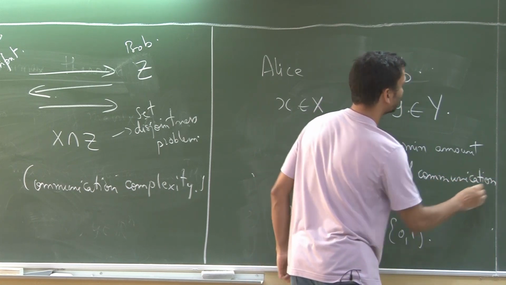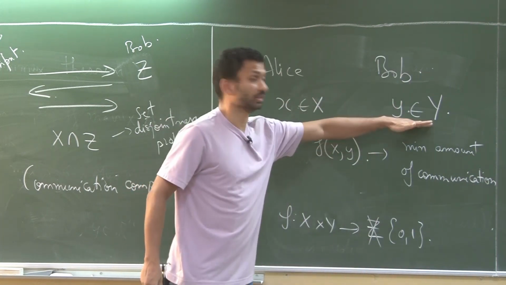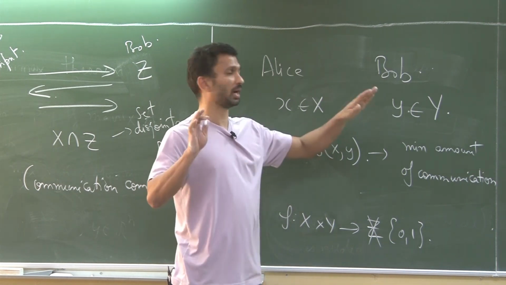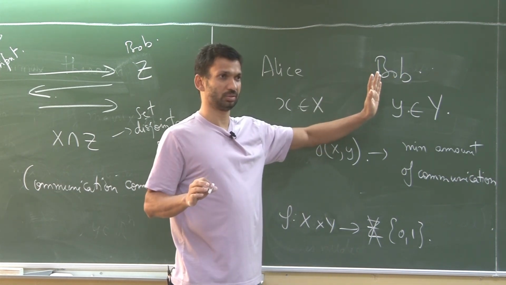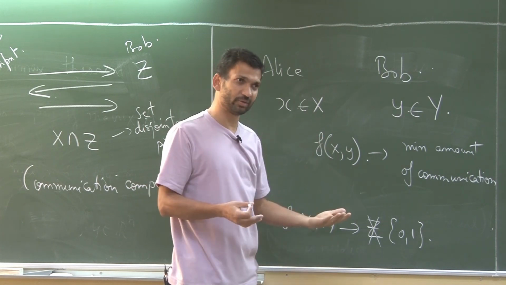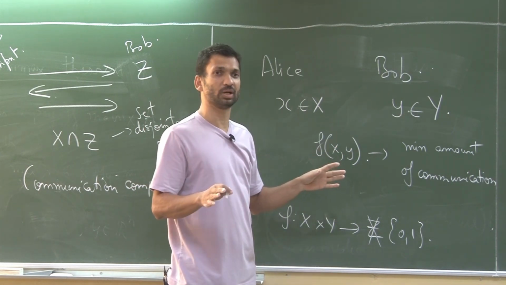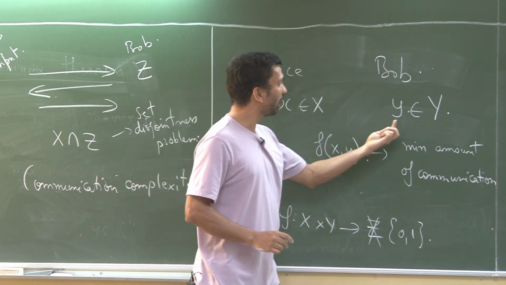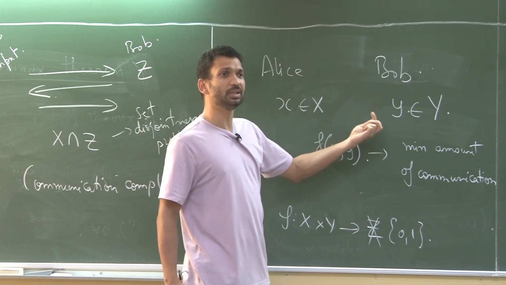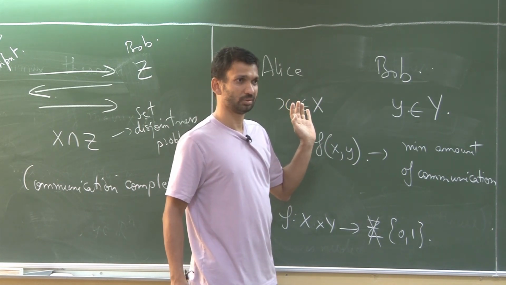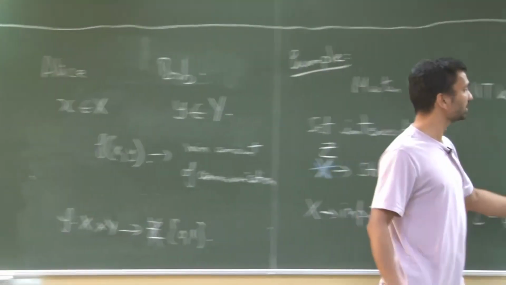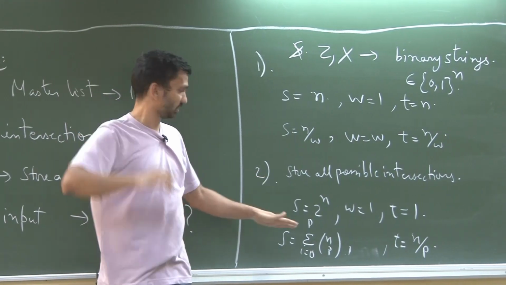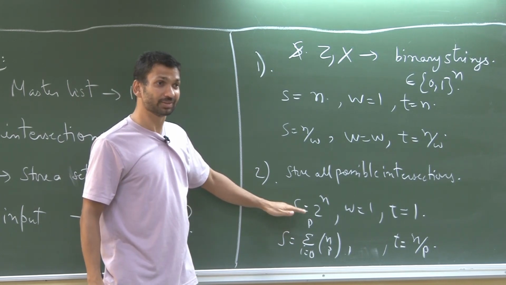I don't care what they do here, right? That is, I assume that they are all powerful. They can store Y whatever way they want, they can compute on Y whatever things they want. I don't care about it. The only thing which I want to minimize is how many bits are transferred between these two parties. Right? For example, remember in this case, I can say, oh, they compute all possible intersections with all the sets and keep it around. Even that was fine with me.